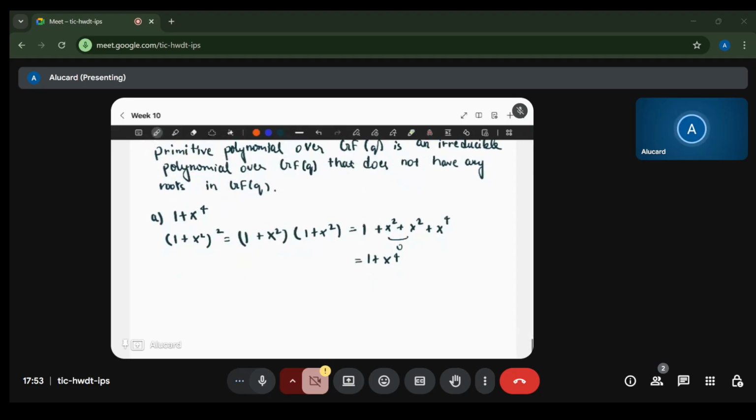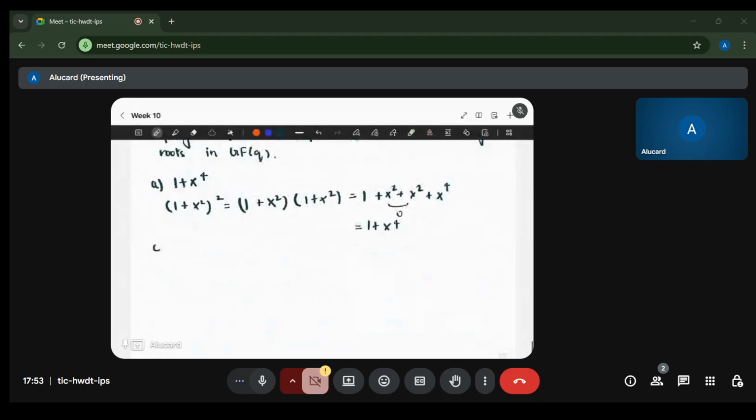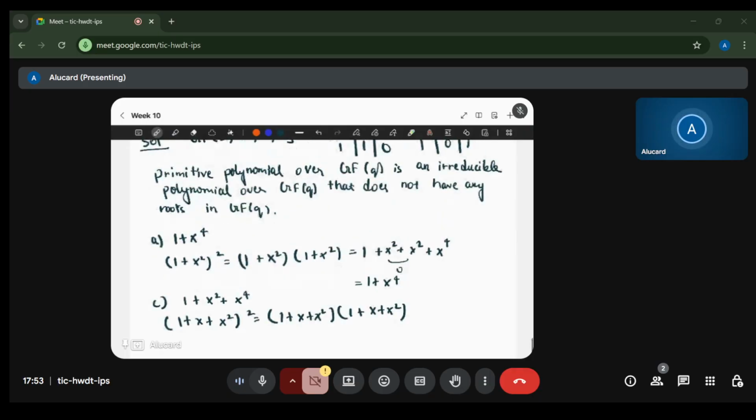Similarly, for option C, 1 plus x square plus x power 4, check 1 plus x square whole square. This is 1 plus x square into 1 plus x square. Of course, instead of doing this, you can do one more thing.